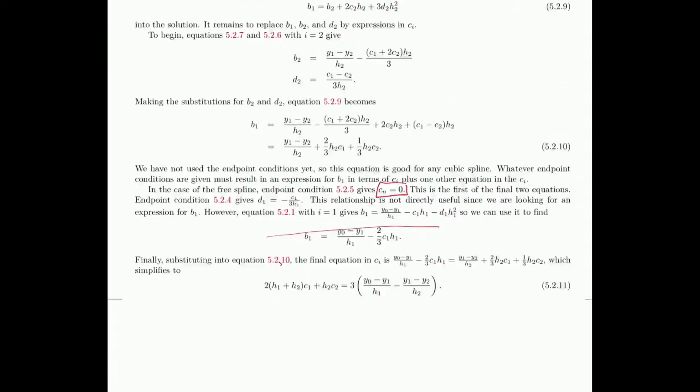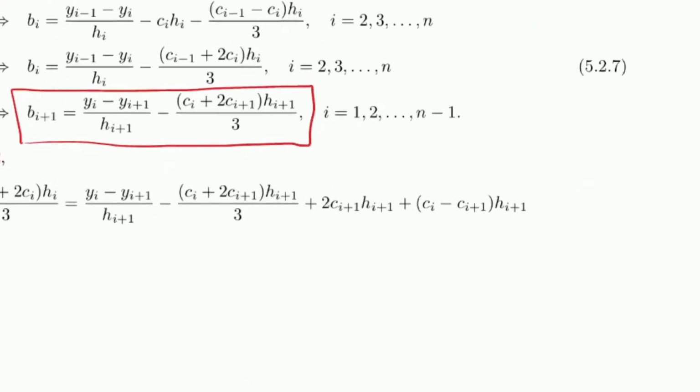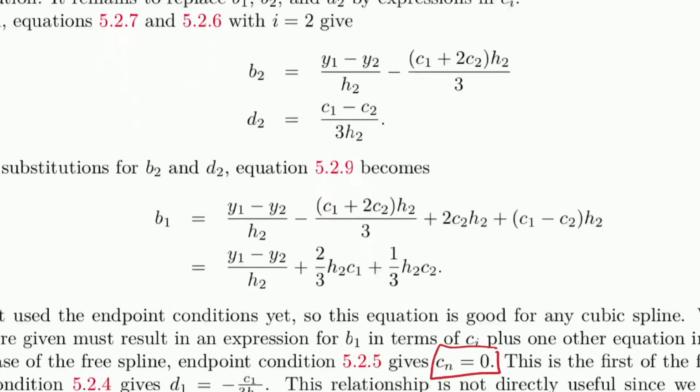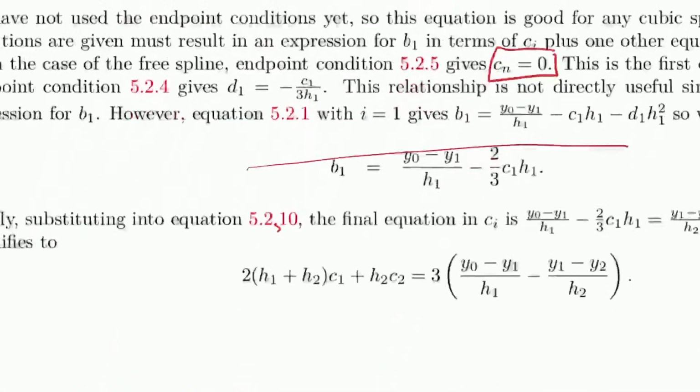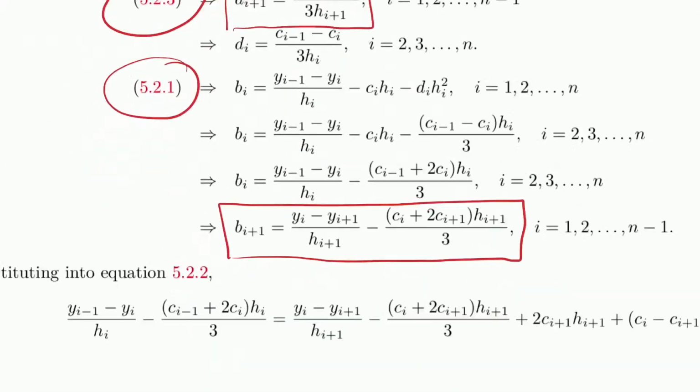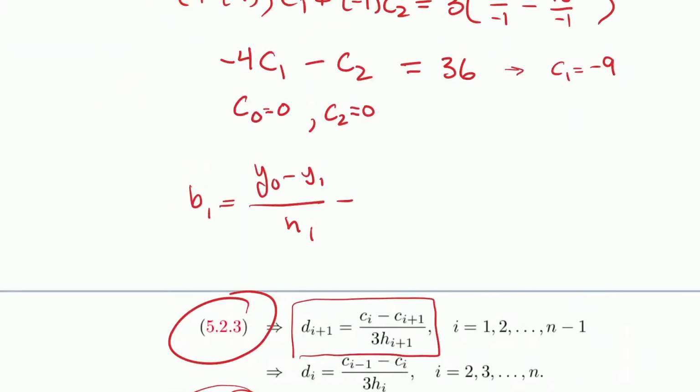Sorry, my Notability keeps moving around. Okay, so we have y0 minus y1 over h1. This is going to be b1 equals that minus, what was it, 2/3? Yeah, 2/3 of c1 times h1. Minus 2/3 c1 h1.